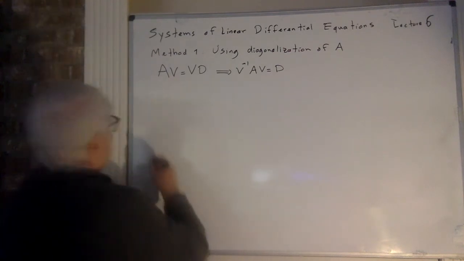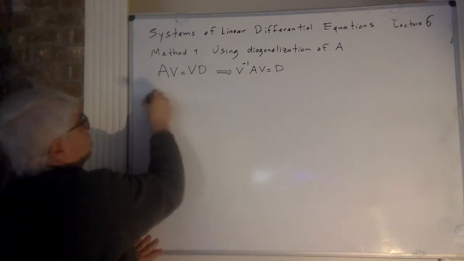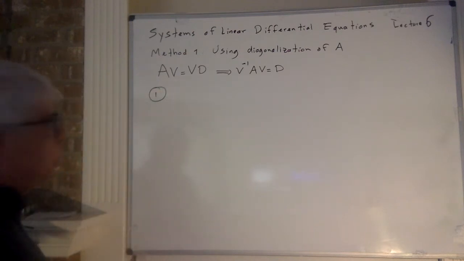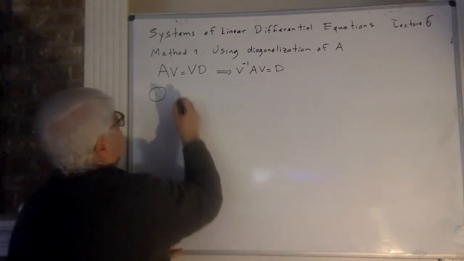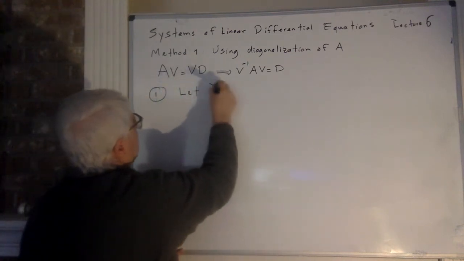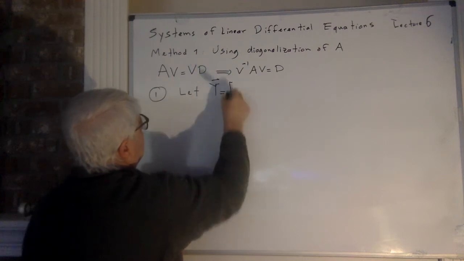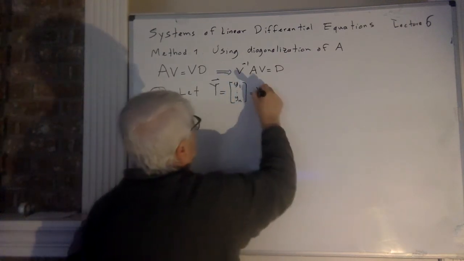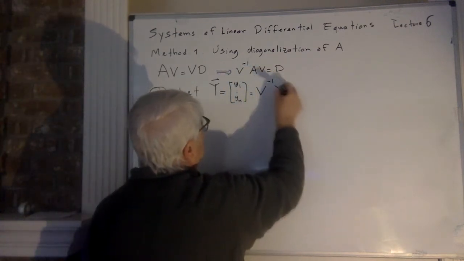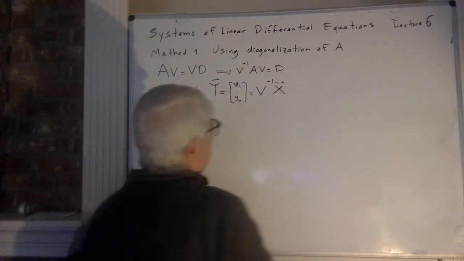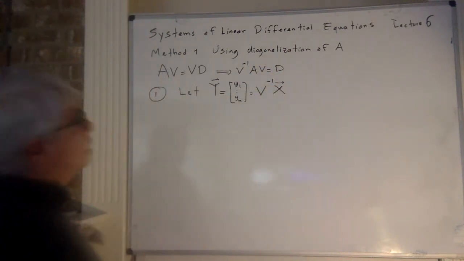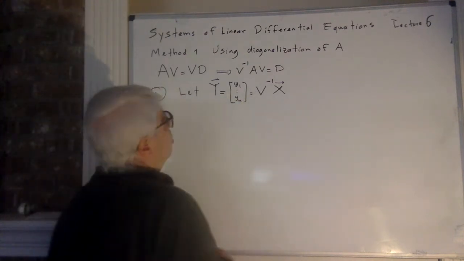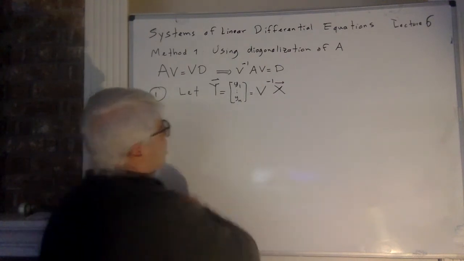So I will go step by step and tell you what to do. Step 1, you let Y, which is Y1 up to Yn, be V inverse X. V inverse exists, so just multiply V inverse by X and you get this.